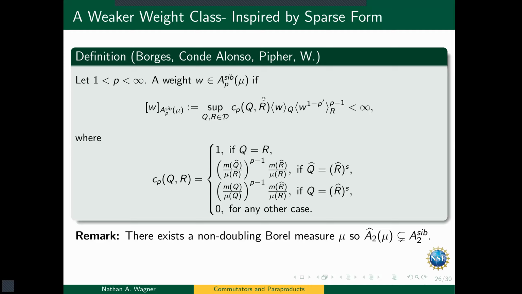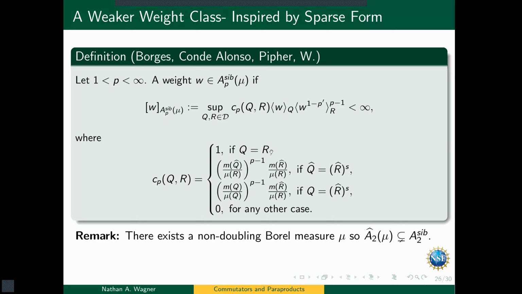But again, what I want you to notice is that it involves averaging w over Q and then averaging the dual weight w to the 1 minus p prime on some other dyadic cube or interval R, which is dyadically related. So that's captured in this definition of the C_p(Q,R) constant.